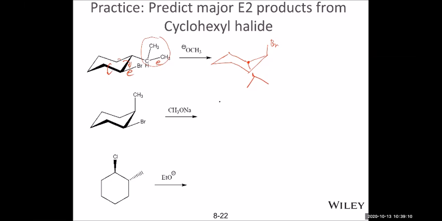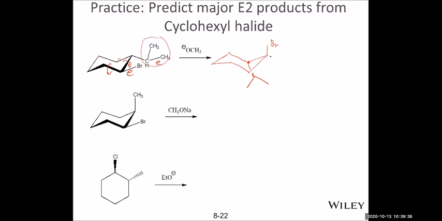Remember, we learned this in the cyclohexane chapter: two substituents on the ring each have a certain preferred A or E position. If one of them switches, the other also has to switch. Since both start with E, and to eliminate, the bromine has to be on the A position, this isopropyl has to be on the A position.